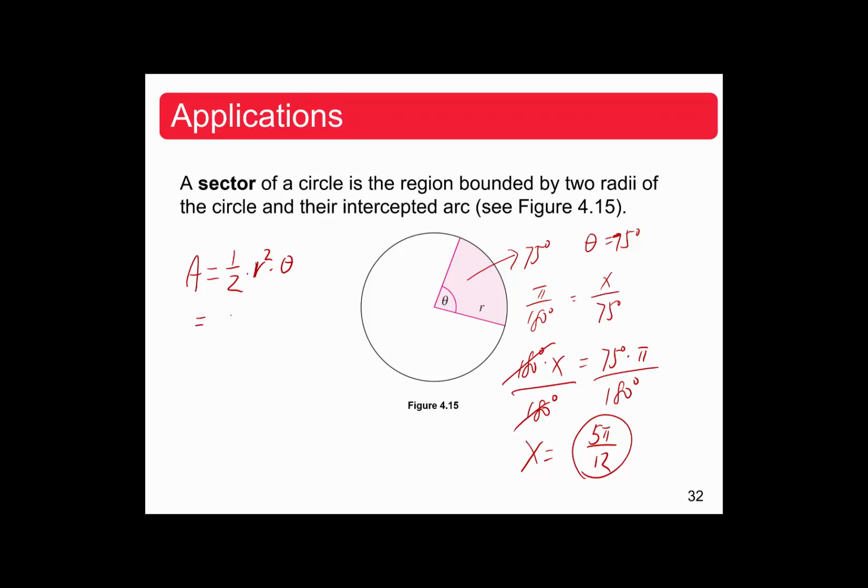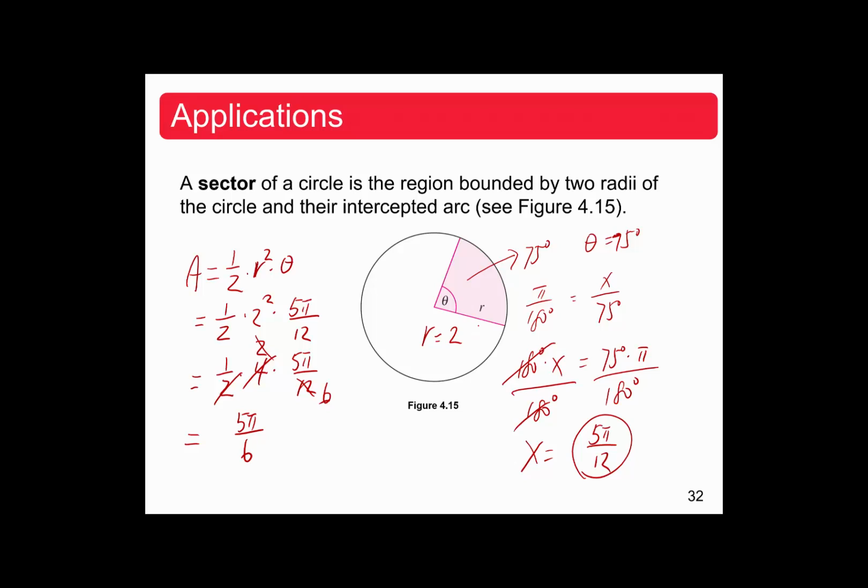So go back here. Assuming the radius here is equal to 2 units, it will be half times 2 squared times 5 pi over 12. Simplify that, it's half times 4 times 5 pi over 12. Reduce further, and the result is 5 pi over 6.